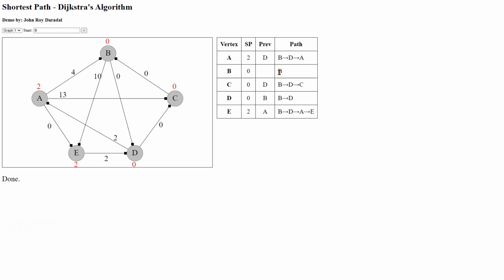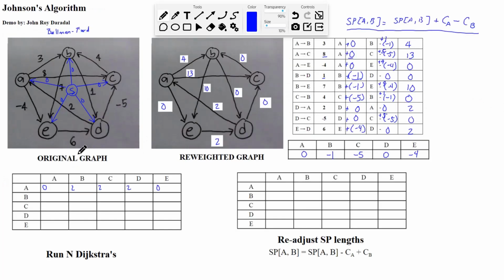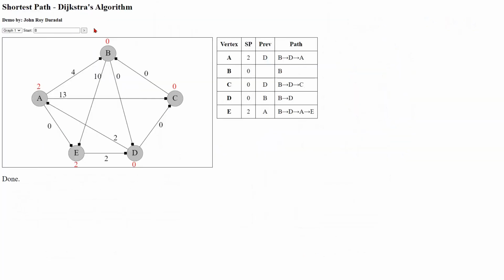So now our shortest paths starting from B would be 2 0 0 0 2 as well. So let's write that here. 2 0 0 0 2.